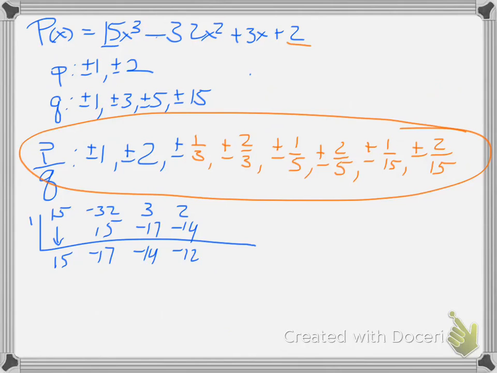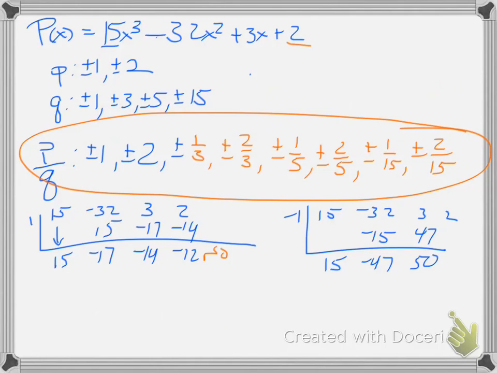That doesn't work. So now I'm going to go to negative 1. 15, that's negative 15, negative 47, positive 47, 50, negative 50, that's not going to work either.